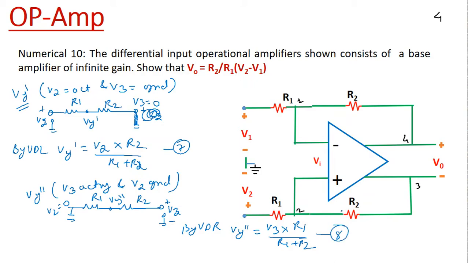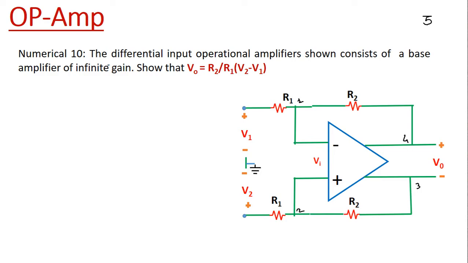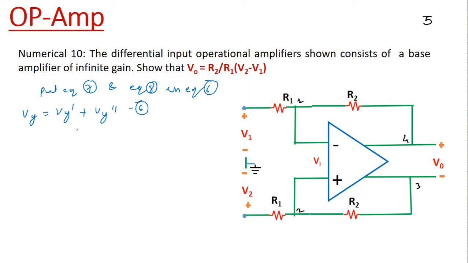Now we put equation number 7 and equation number 8 in equation number 6. So Vy is equal to Vy dash plus Vy double dash is our equation number 6.